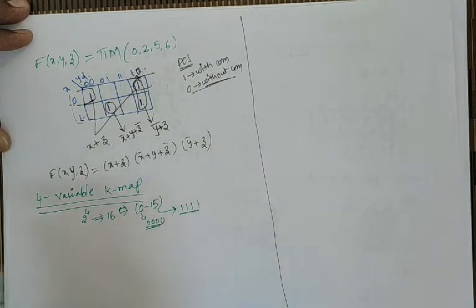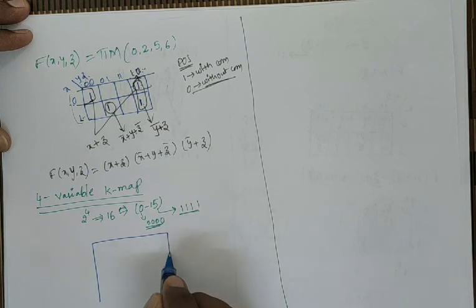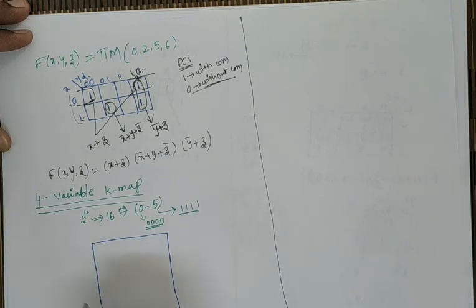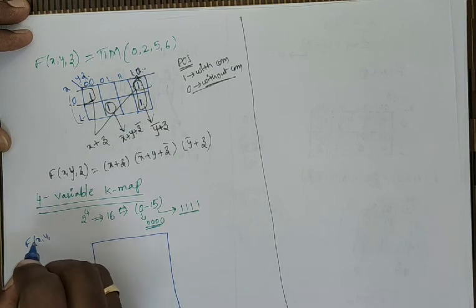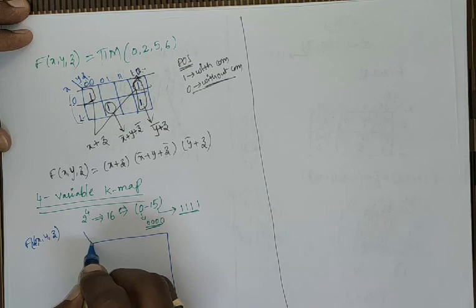How are they placed in the K-map? Here the function is f of w, x, y, z, so we have to consider w x y z.